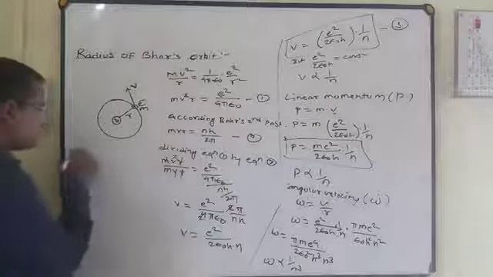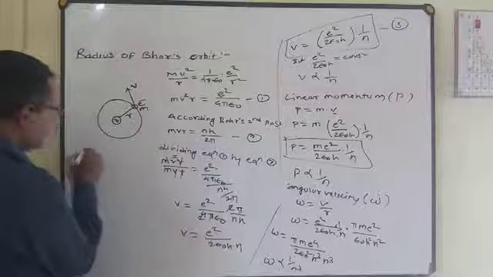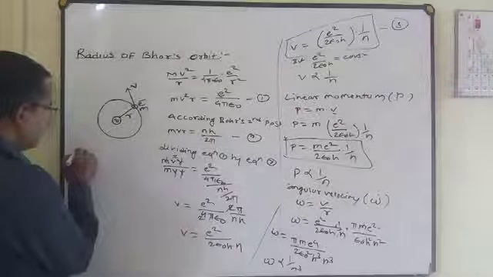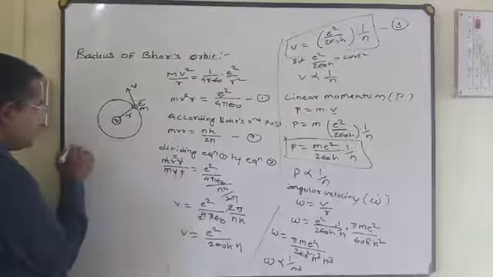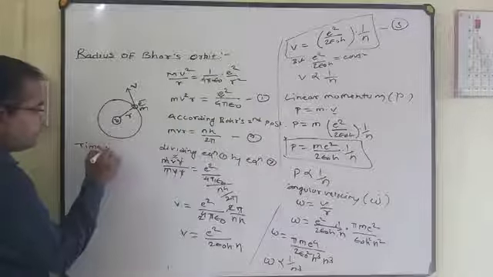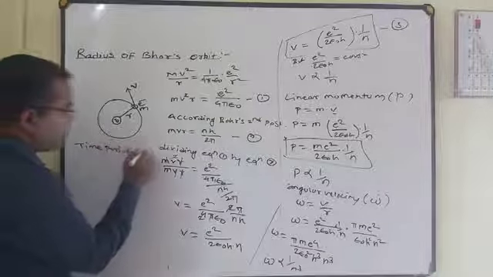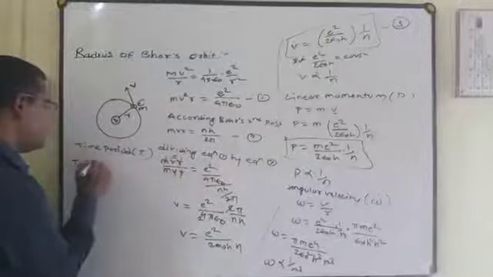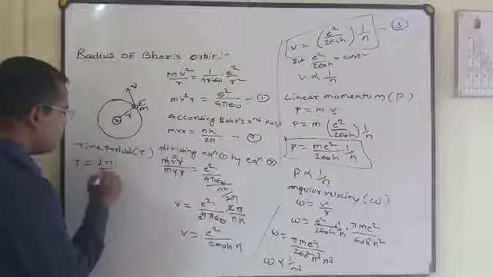Now we will find out the time period, or periodic time, capital T. The periodic time T is equal to 2 pi upon omega.